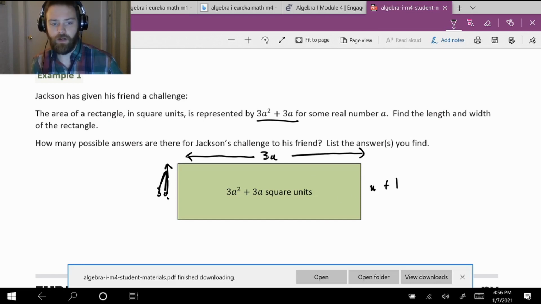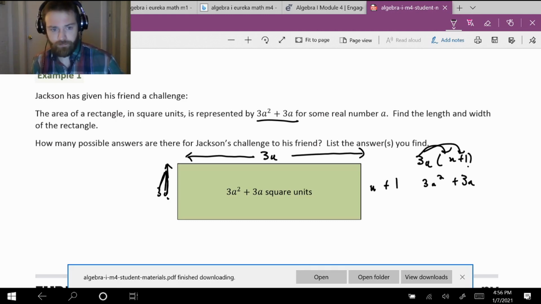And so this works, right? If my length is 3a and my width is a plus 1, well, that just means that 3a times a plus 1, my 3a is going to distribute, and I get 3a squared plus 3a. And that's it. That's all I have to do for that.